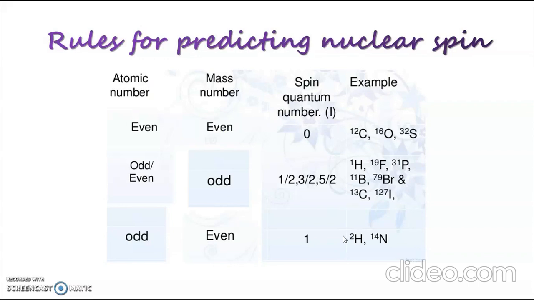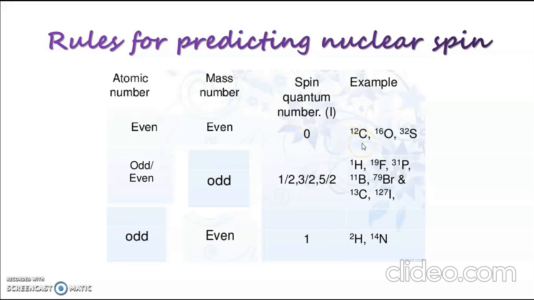So, some rules are designed which are helpful in predicting the nuclear spin. It is given in the table. If for a nucleus or an atom, the atomic number and mass number are both even, there will be no spin quantum number. The spin quantum number I will be 0.